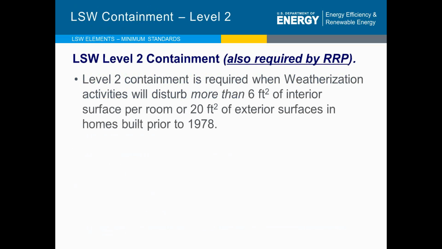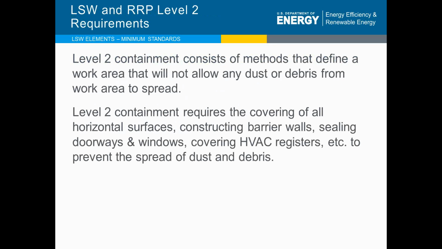Level 2 is where RRP starts. LSW level 2 is where RRP starts, and it says if you are disturbing more than 6 square feet per room interior or more than 20 square feet exterior in homes built prior to 1978, we must contain it. We must contain it. So that's where RRP starts.